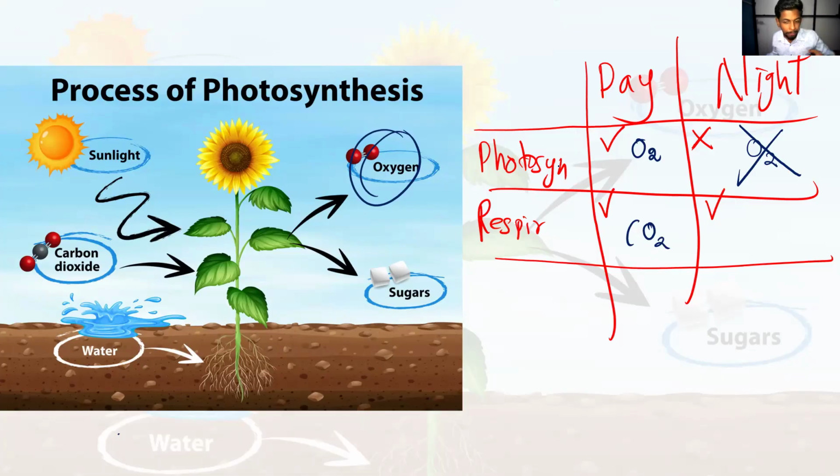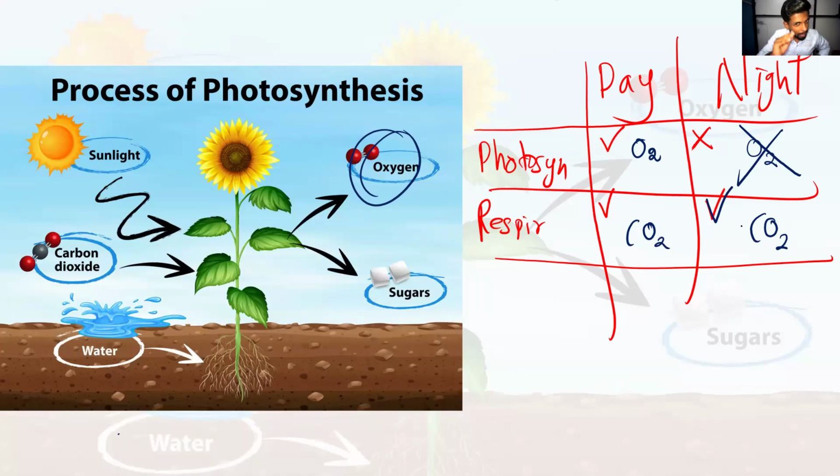Yes, during the daytime, they do respiration and they release carbon dioxide. There is no doubt in that part. And come to the night time. In the night time, they are doing respiration and carbon dioxide will be produced, because we have put a tick mark. That means during the night time, respiration will occur. So definitely they will produce carbon dioxide.